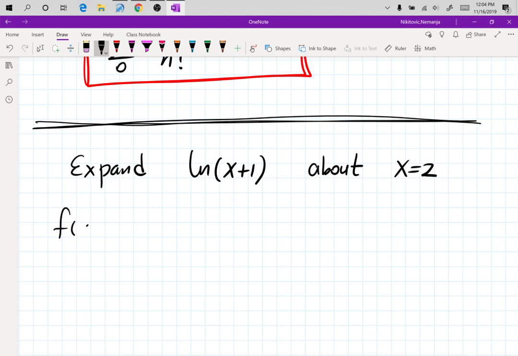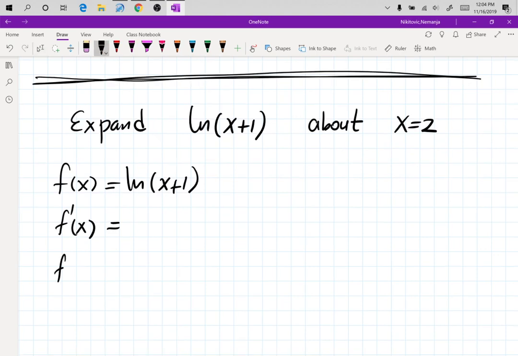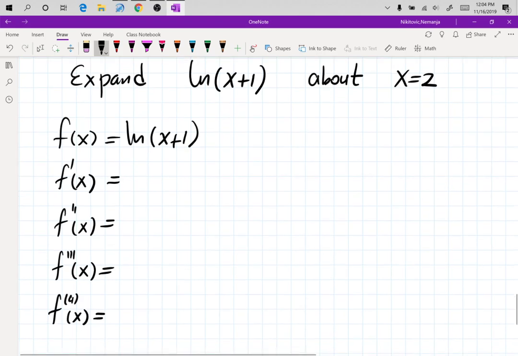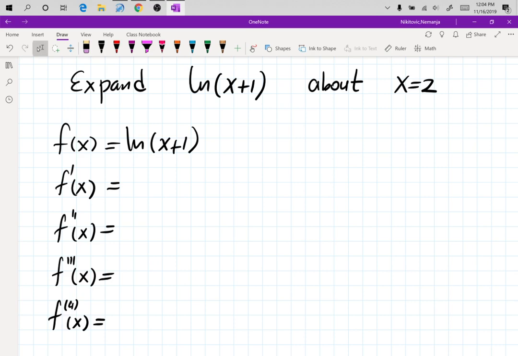So your f of x is ln x plus 1, and now you're going to take, let's do 4 derivatives. Come up with 4 derivatives and then start plugging stuff in.